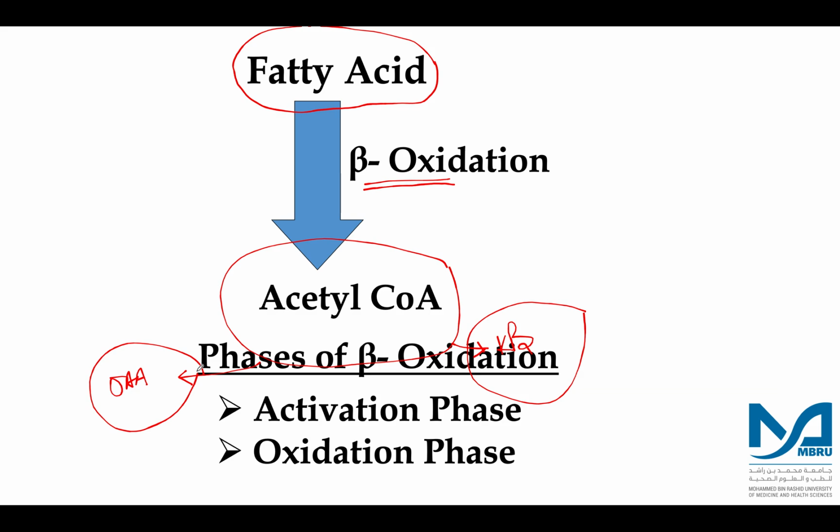If we divide beta oxidation into first the activation phase, which mostly deals with the transport of the fatty acid molecule inside the mitochondrial matrix, and the second phase is the actual set of reactions that oxidizes the fatty acid.